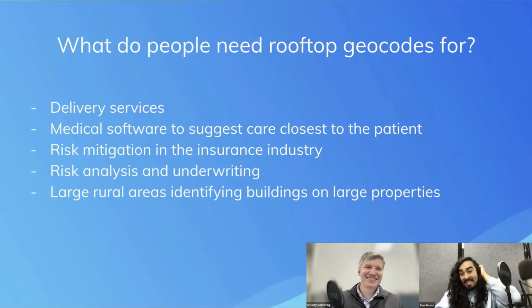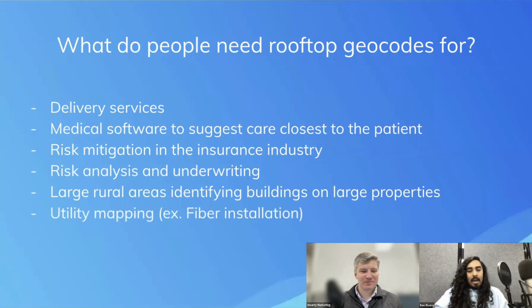But it's much easier to work with when you have those rooftop geocodes that can take you right to where you need to go. Utility mapping, that's a big one that we've seen most get a big reduction in installation costs for, because when they're running lines or running fiber installation, if they're off by just a little bit, it can cause a very big expense to correct.